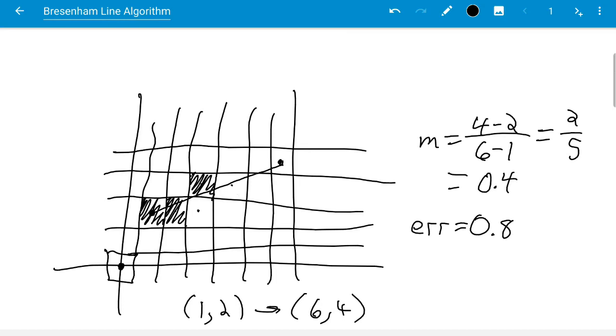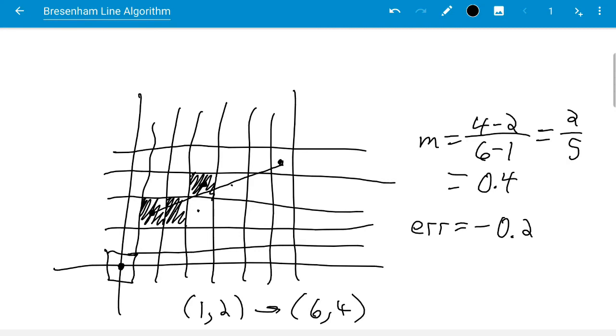Move on to the next x value. Oh, I forgot. I need to subtract 1 from my accumulated error here. So I ended up with negative 0.2, which means that the coordinate I actually landed on was above my line. I overshot my ideal line, but it's still closer than the other option, staying with my old y value. So this is better than it was, closer to 0 error.